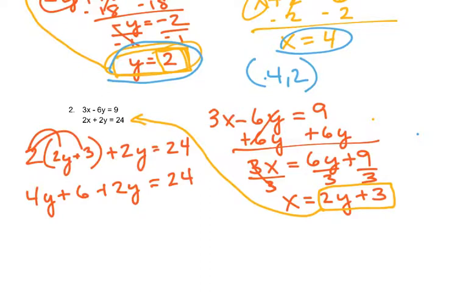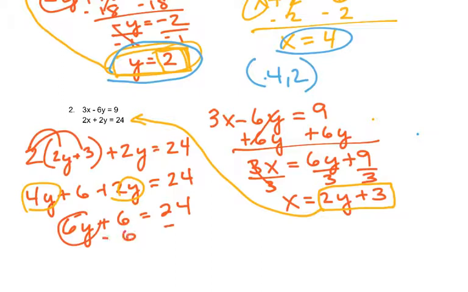Combine our like terms, 4y and 2y gives us 6y, so we have 6y plus 6 equals 24. I need to get y by itself, so I subtract 6 on both sides. We get 6y equals 18.